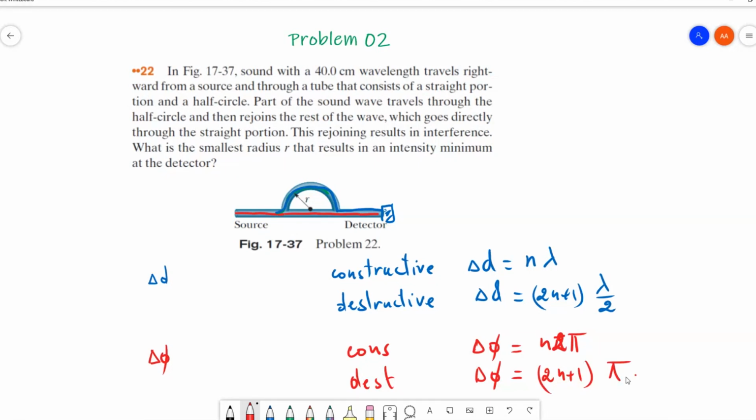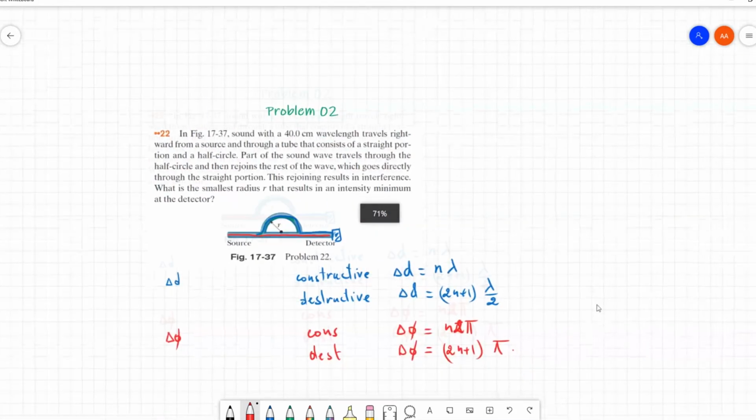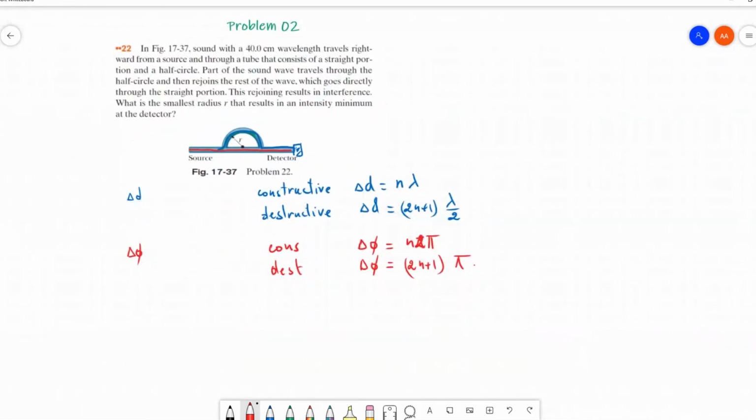So this is the difference. The two ways are correct. It's either delta D or delta phi, the phase or the difference of the path. Great. Let's look at here.